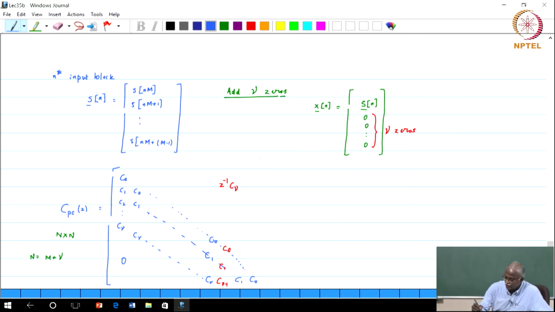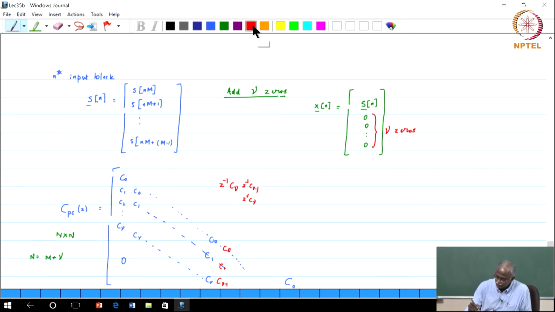Then the next column will have Z inverse C nu minus 1, Z inverse C nu, and then the last column is going to have C0 all the way to the end.